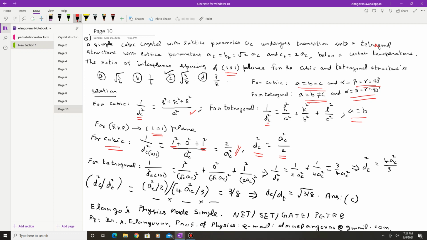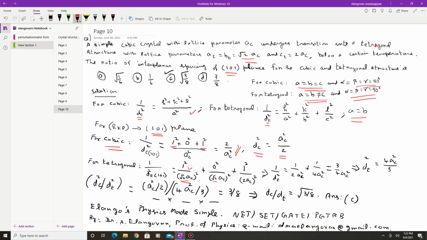For the tetragonal system, let us consider the expression 1 by d square is equal to h square by a square. A is equal to root 2 ac, because this is given here. So you substitute root 2 ac, and k square by b square, where k is 0.